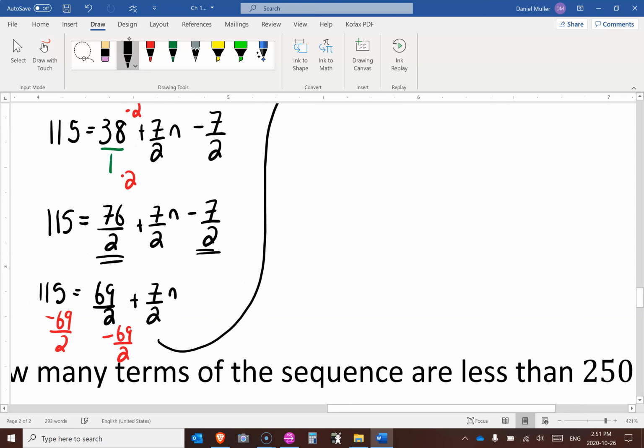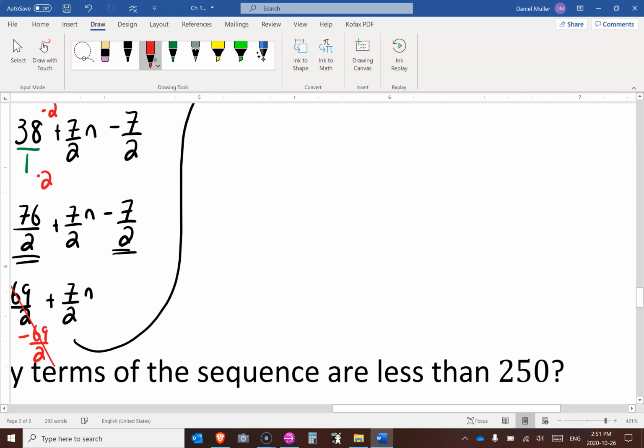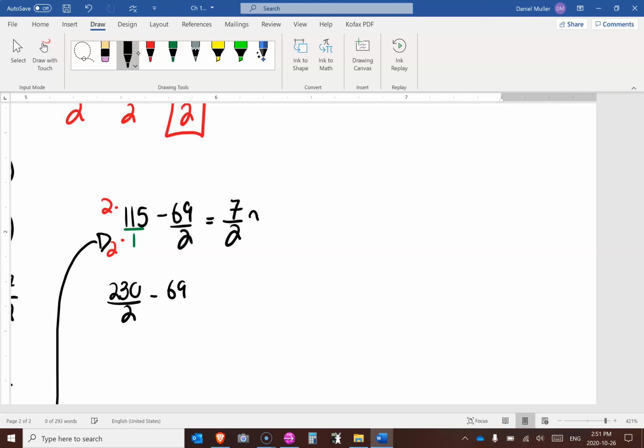Double check. Yep, because those are now gone. And I'm going to need to make this over 1, so I'll double that, top and bottom. So 230 over 2 minus 69 over 2 equals 7 over 2n.